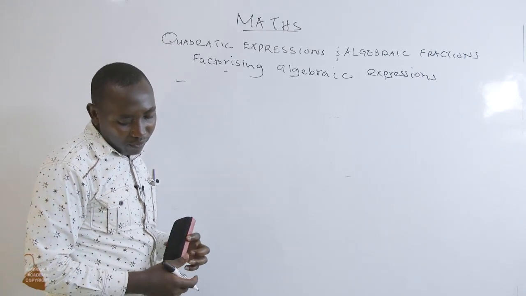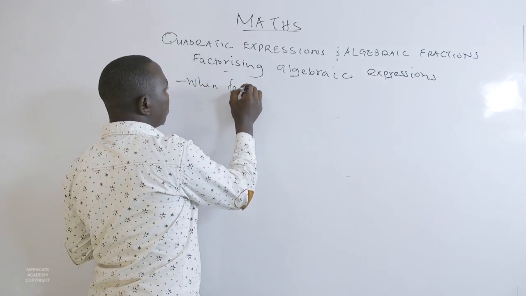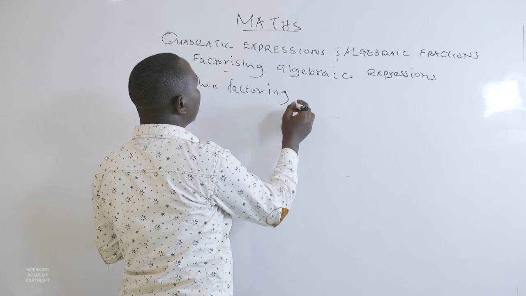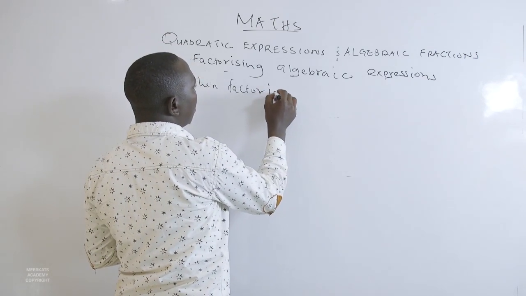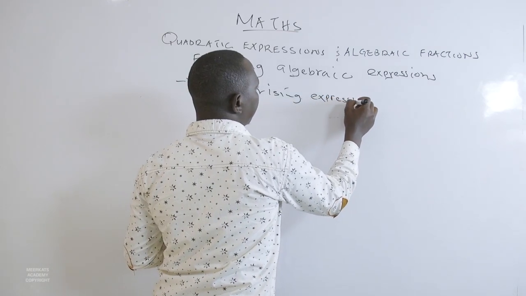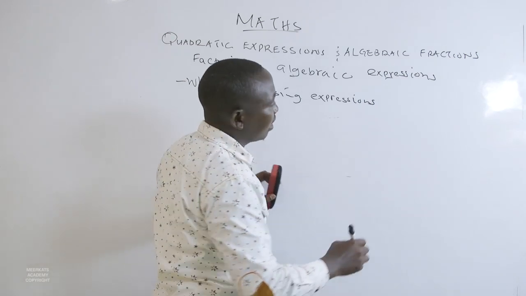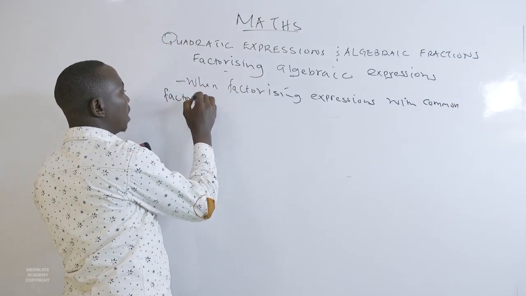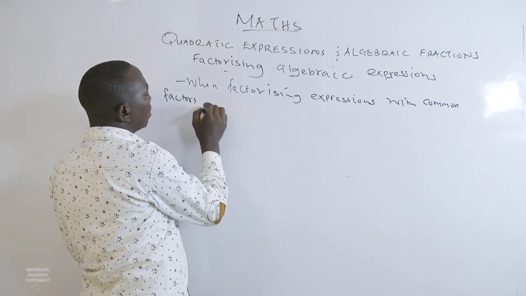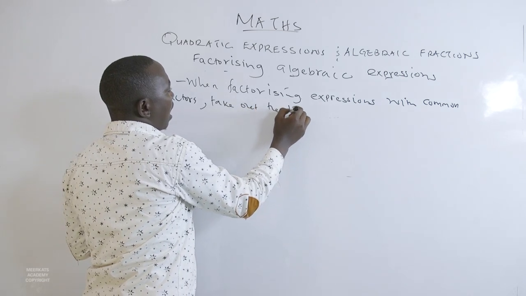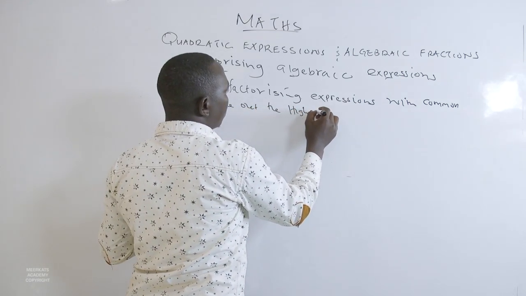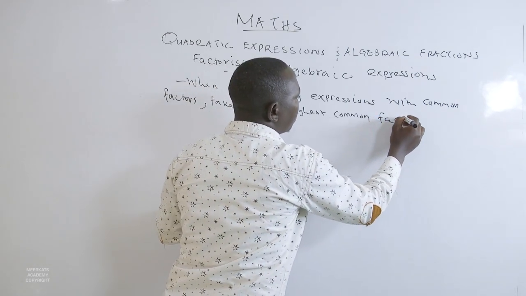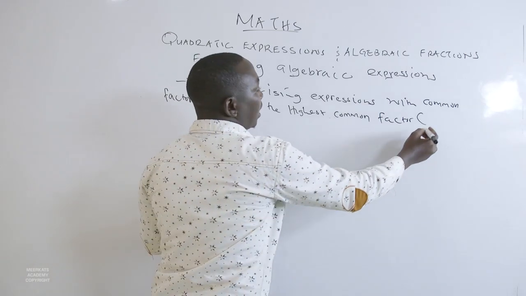First, we need to say that when factorizing expressions with common factors, take out the highest common factor, which sometimes we shorten as HCF.